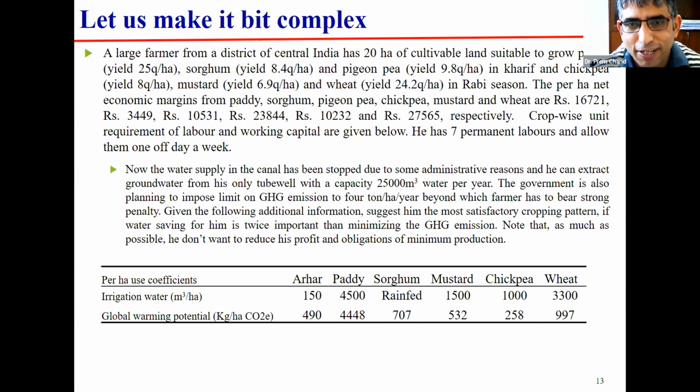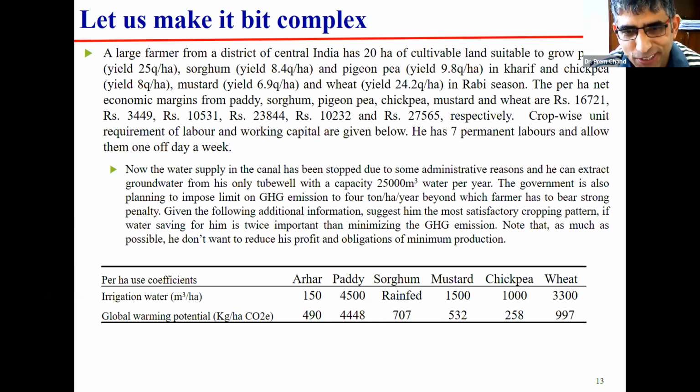Now, can you formulate the LP? Given the additional information, you try it. You take a screenshot of this. Can you do it? Please try. I will wait for 10-15 minutes. Shall I wait for 10-15 minutes and then ask you the answer?